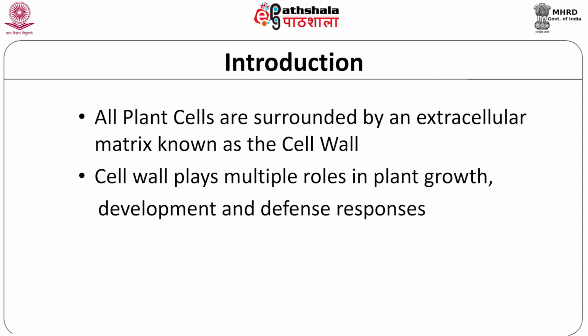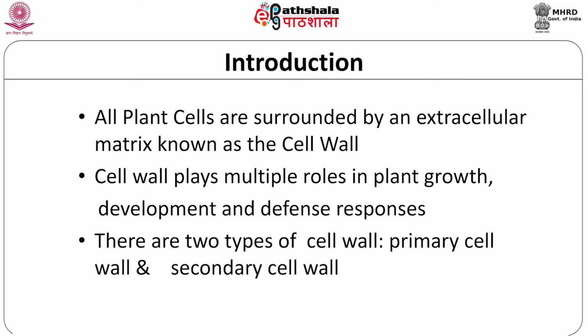Electron microscopic observation and use of different stains indicate a non-uniform varied nature of the cell wall in different cell types. Like epidermal cells, there are two types of cell walls, primary cell wall and secondary cell wall.